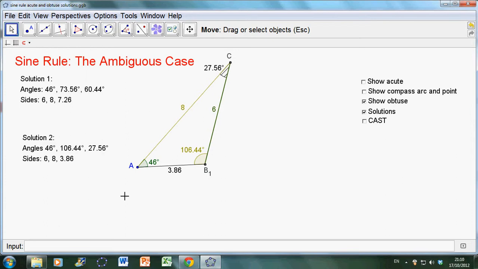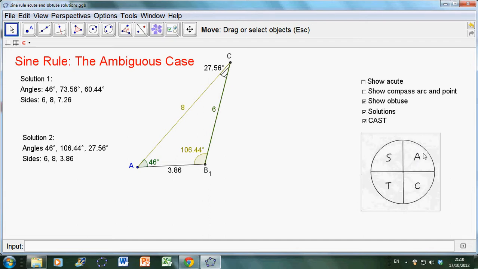Now, another explanation of where this comes from is if we look here at our unit circle and CAST. If you notice, the sine rule is a special case because you get a positive answer for sine in the first quadrant between 0 and 90, and in the second quadrant, 90 to 180.